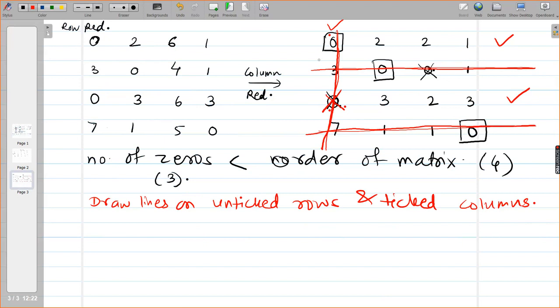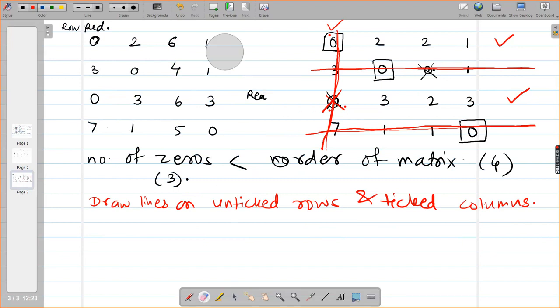Draw the lines on unticked rows and ticked columns. So I have drawn 3 lines and you can observe that every 0 is on some line. Okay. So now I am erasing this table.